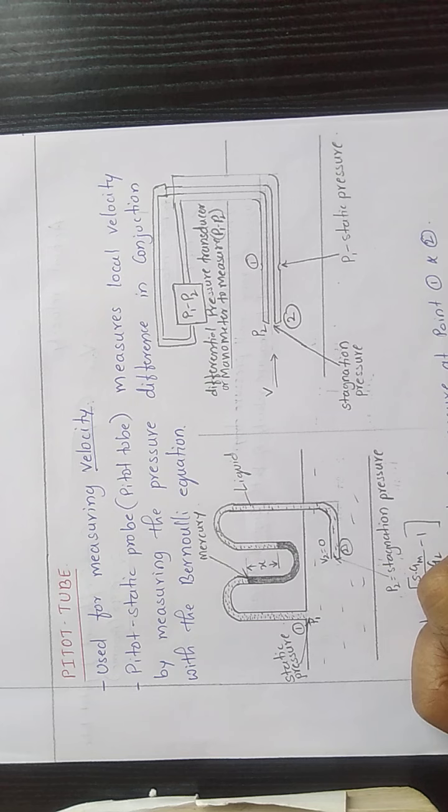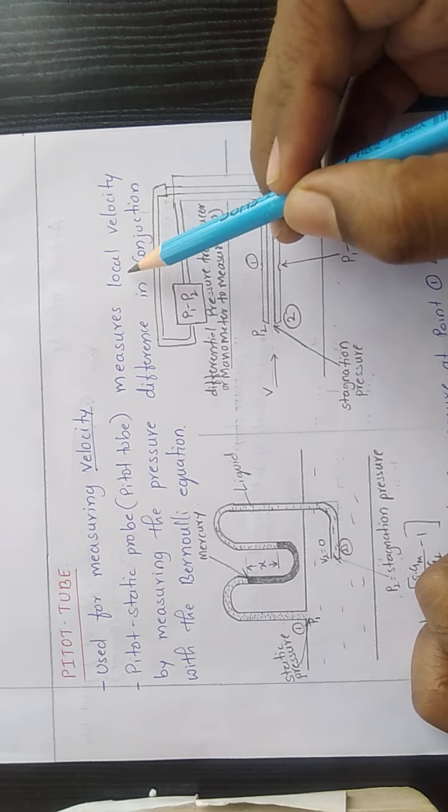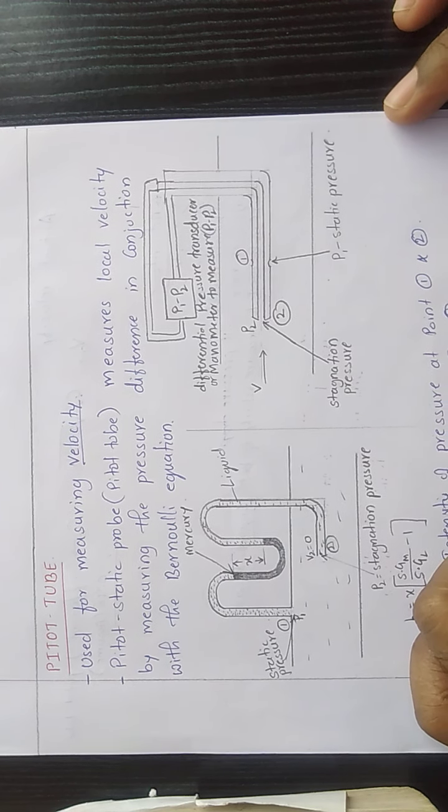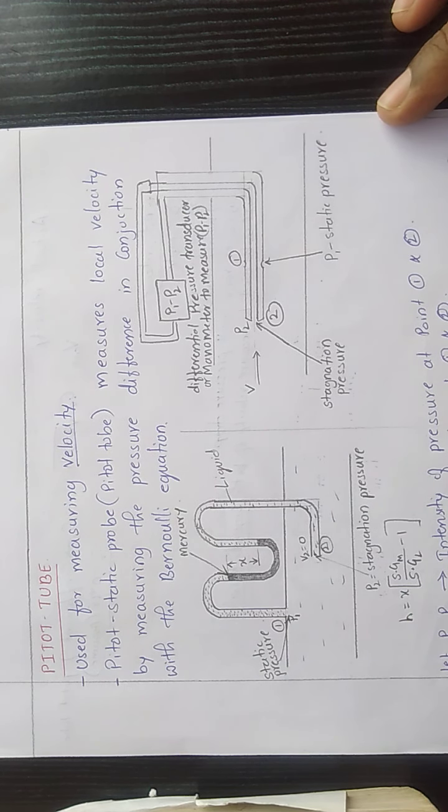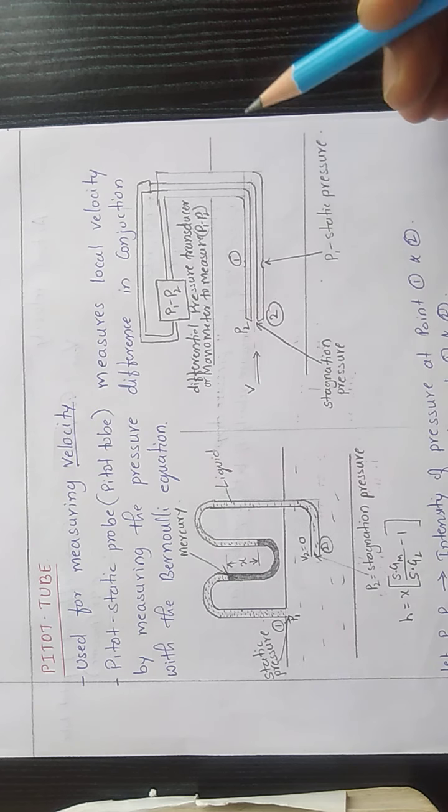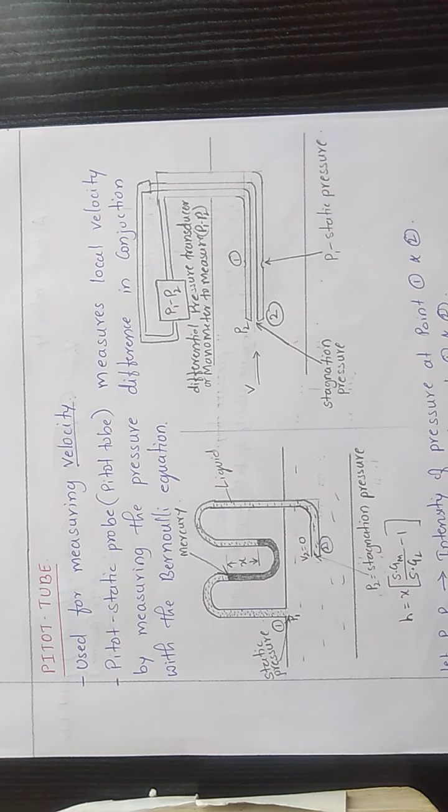Once we know the velocity, we can find the discharge. The pitot tube measures local velocity by measuring the pressure difference in conjunction with Bernoulli's equation. That's what we discussed previously. If you can measure the pressure difference, the stagnation pressure minus the static pressure, and substitute in the formula, we get the velocity.